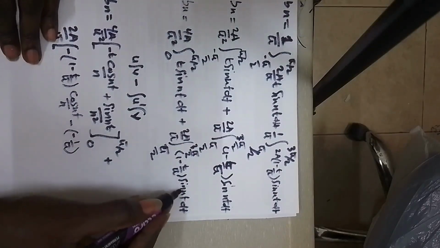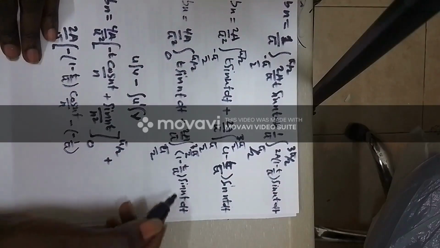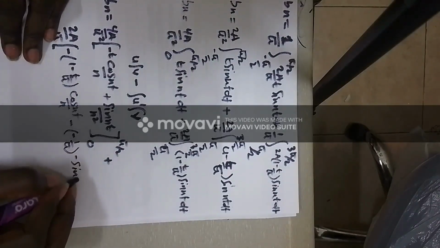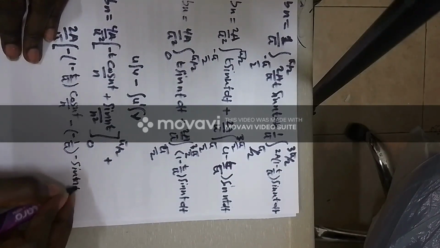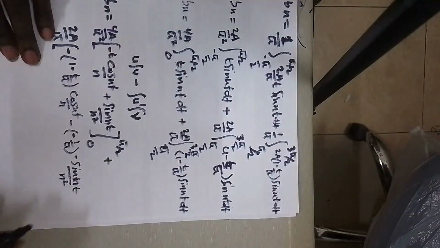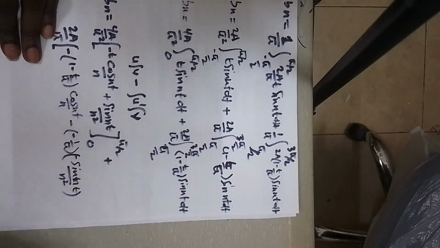If you integrate sine nt, you get minus cos nt. Then you integrate minus cos nt again, you get minus sine nt over n squared. So if you do that differentiation, that's what you're going to get.